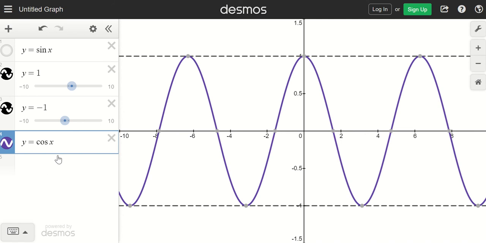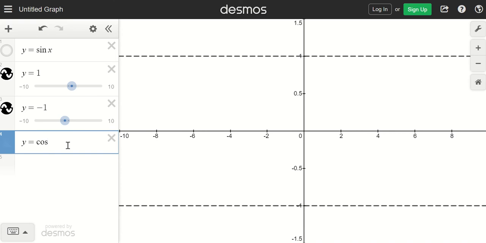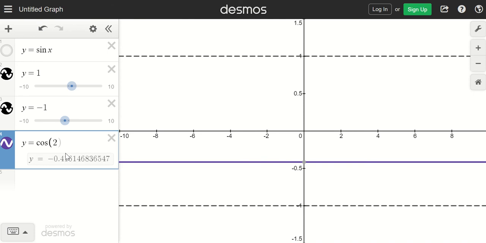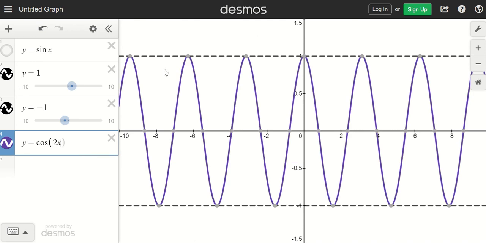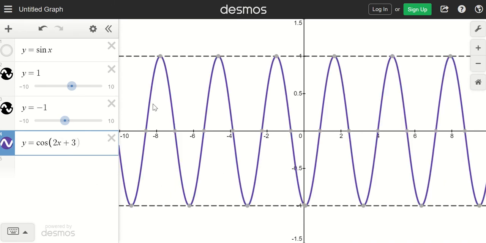So regardless of what the angle is here, okay, whether this is x, jadi angle ni tak kisah pun apa sahaja. Okay, kalau contohnya kita ambil 2x, dia masih maksimum dan minimum dia masih lagi between 1 and -1. Okay, 2x plus 3, still the same.